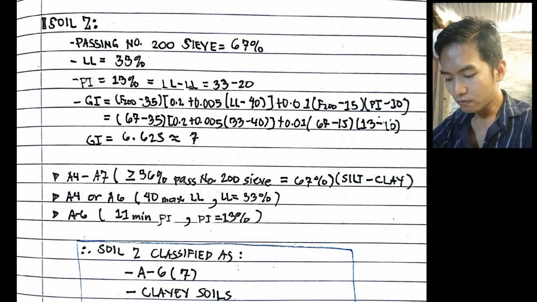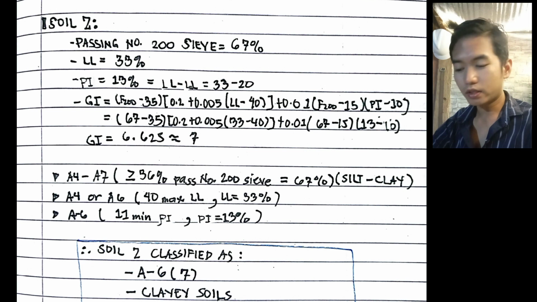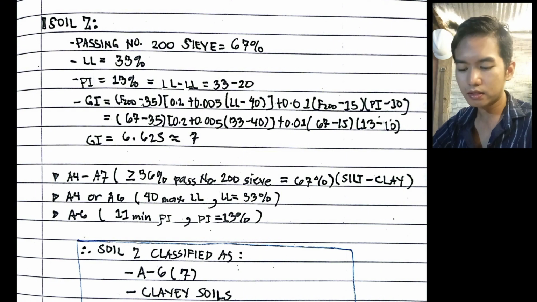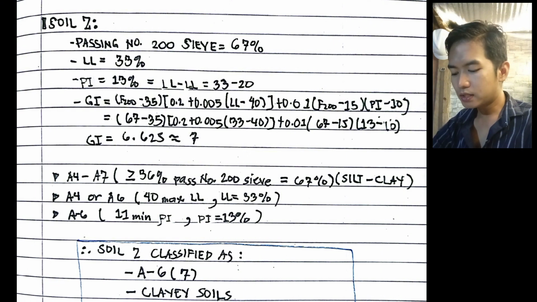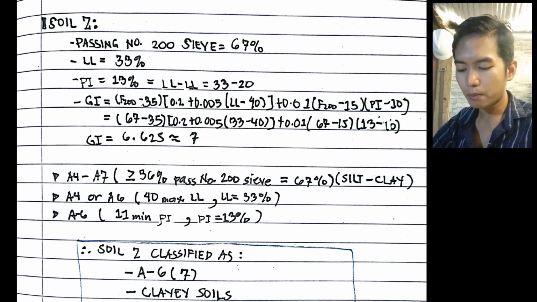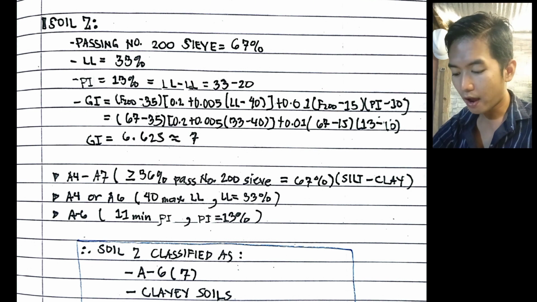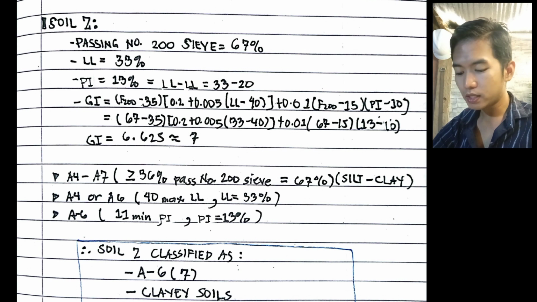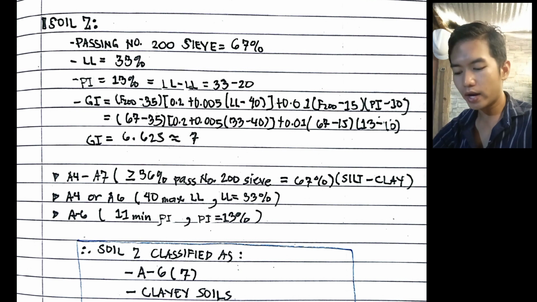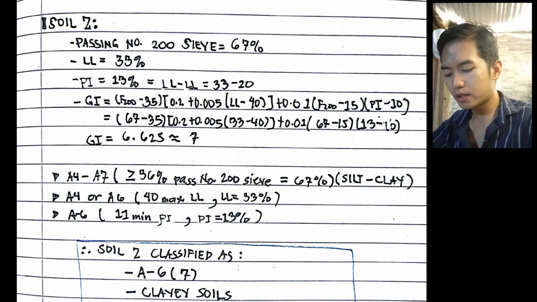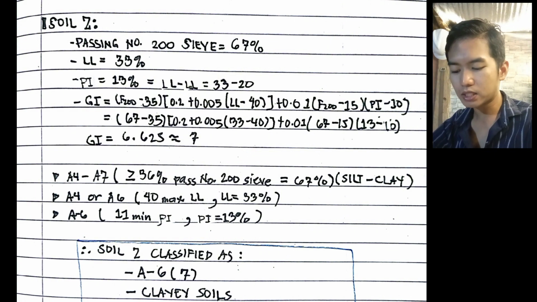So, we can now categorize our soil Z. It can be classified as A4, A5, A6, and A7. That is silt to clay, because it has more than or equal to 36% passing number 200 sieve, that is 67%. Then classifying it down, using the liquid limit of 33%, we classify it as A4 or A6, because for those the maximum liquid limit needed is 40%, and we have 33%.